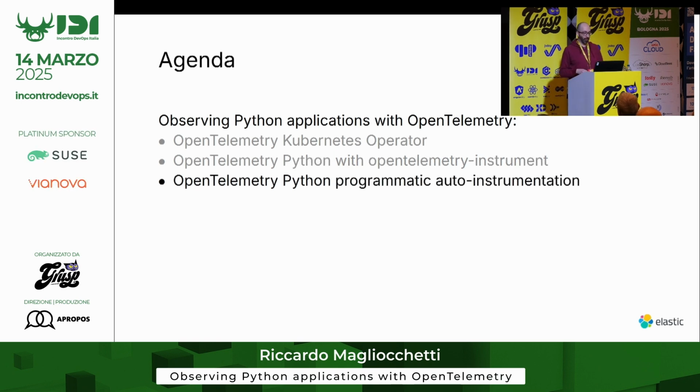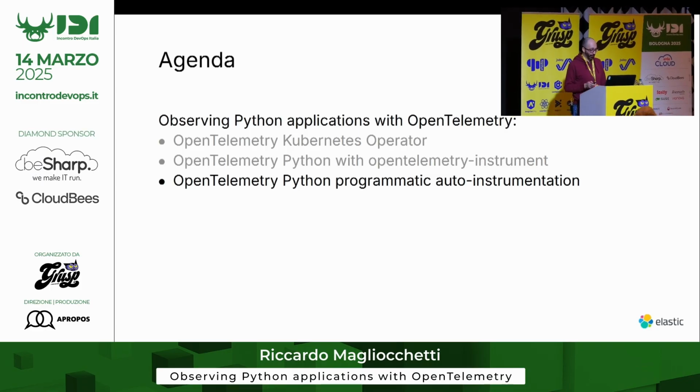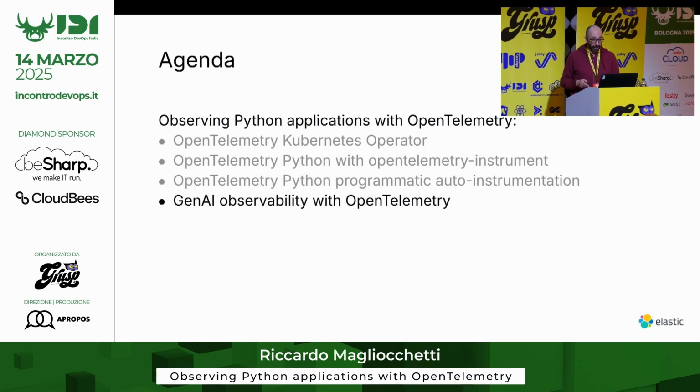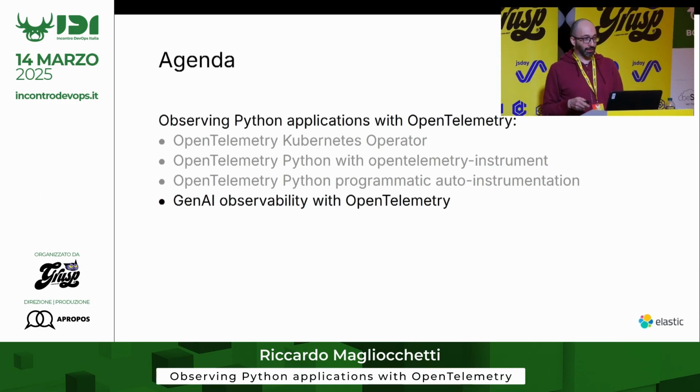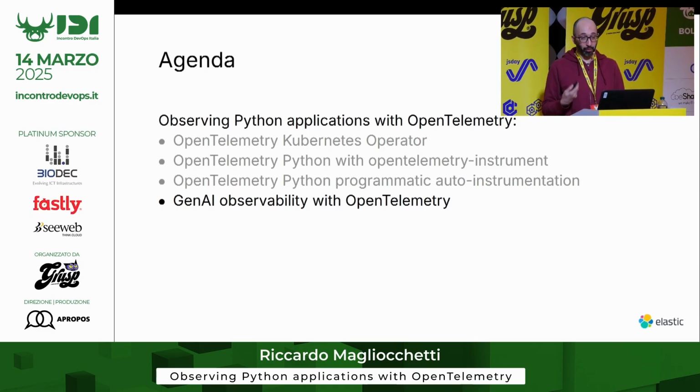Then we'll take a brief look at how to add auto-instrumentation programmatically with 2 lines of code. I know it's not actually zero code, but 2 lines is short enough. Finally, we'll take a look at the GenAI work we are doing inside OpenTelemetry, especially in OpenTelemetry Python.